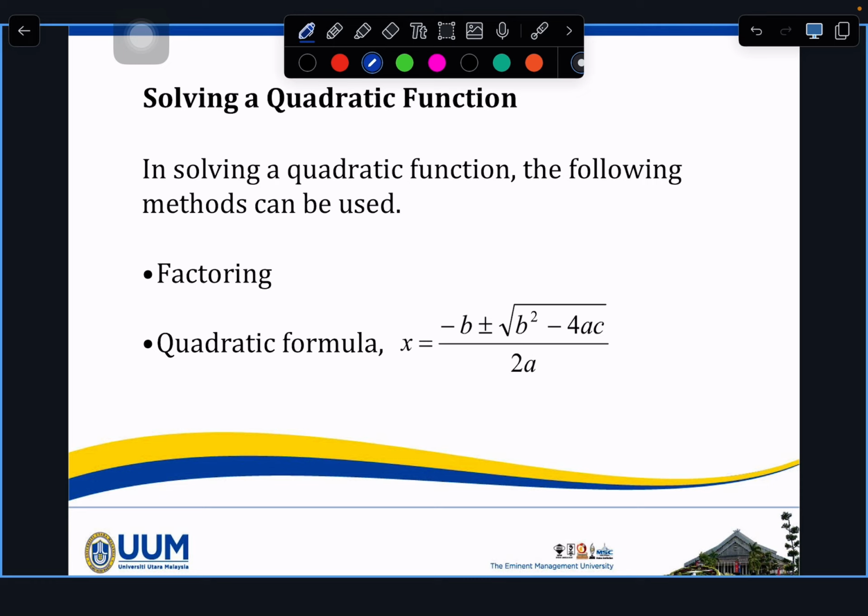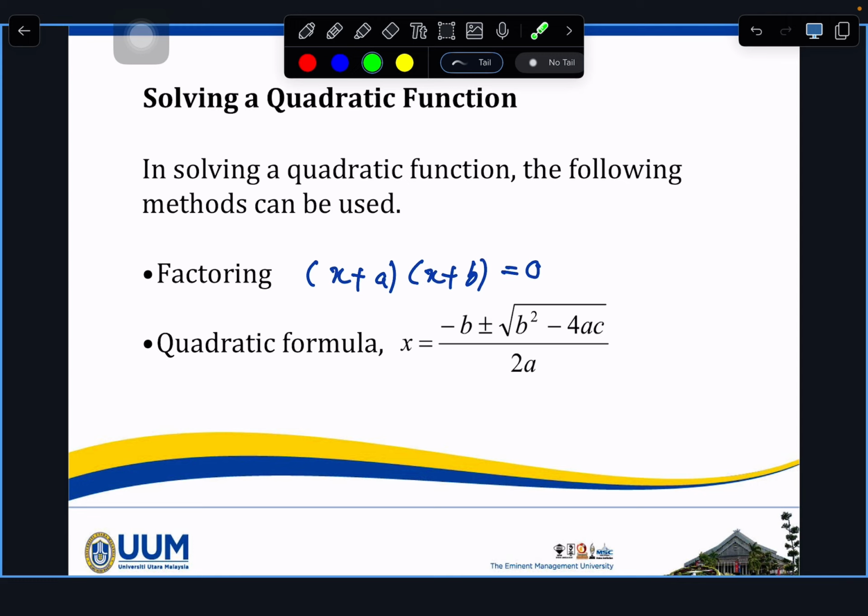Pemfaktoran, this is the one. Use not kembangkan. Kembangkan is after pemfaktoran. So if your question asks to factorize, your answer or your step should be like this. This is pemfaktoran.